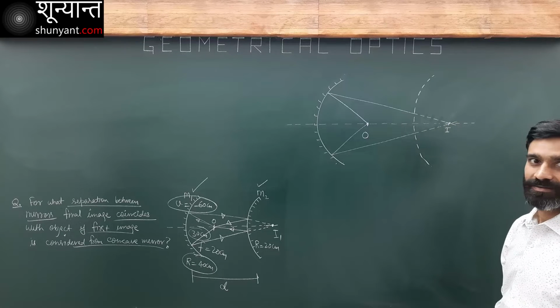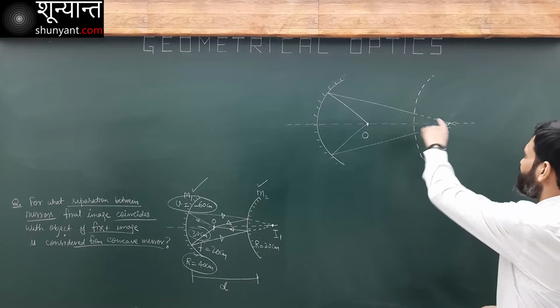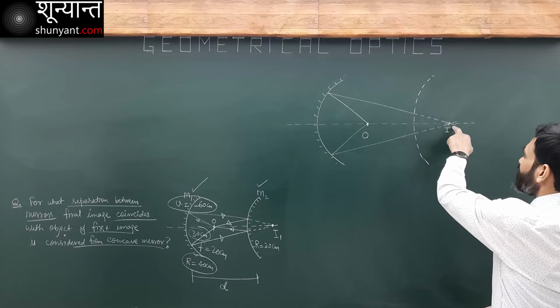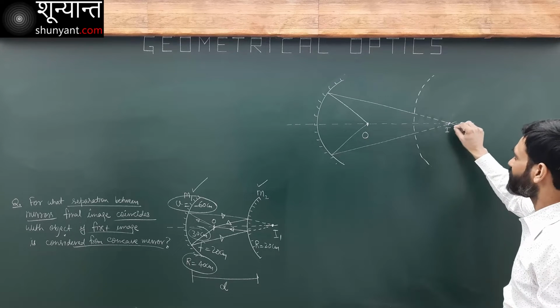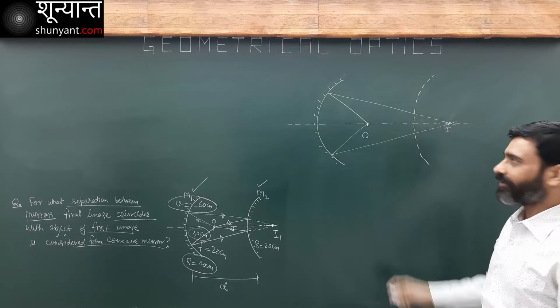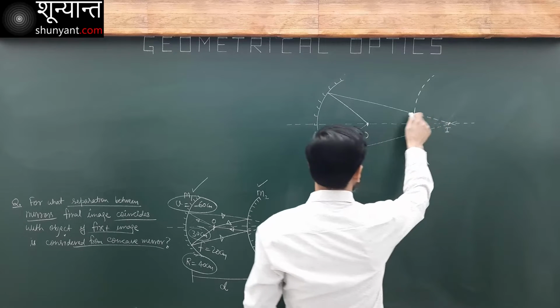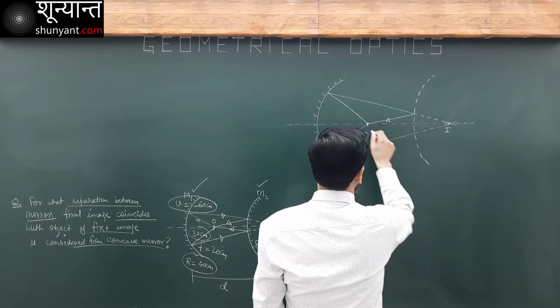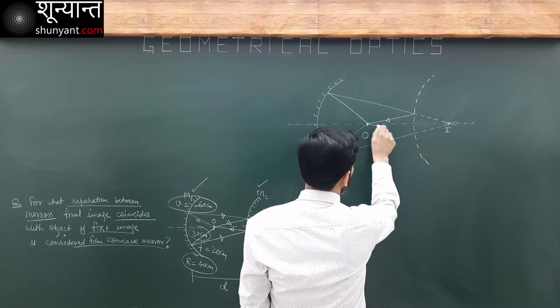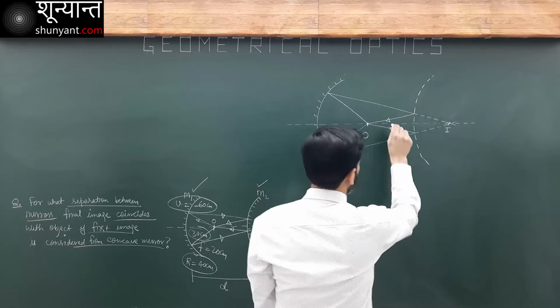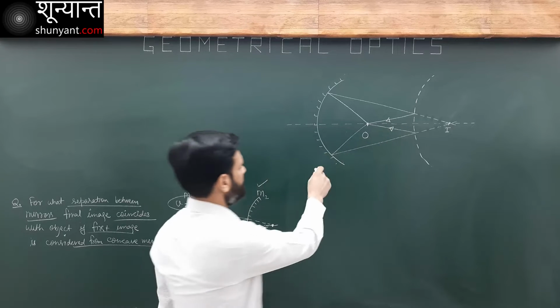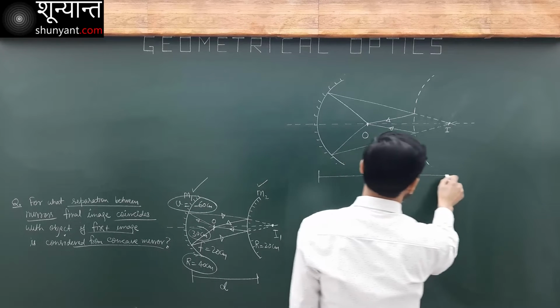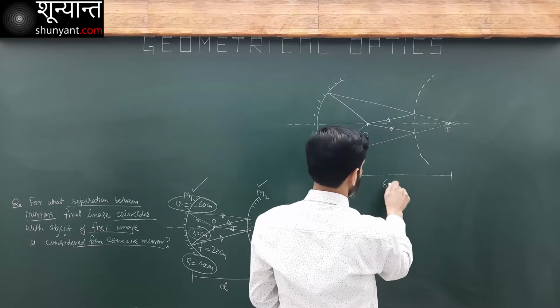Then this becomes a virtual object. The light rays will be reflected and they will arrive here. This whole distance from here to here is 60 centimeter.